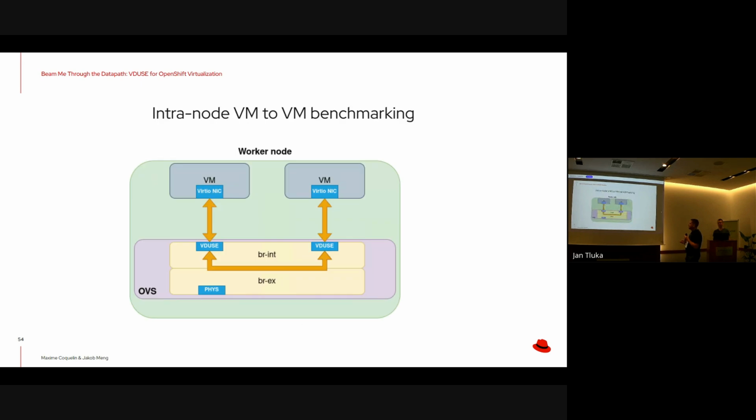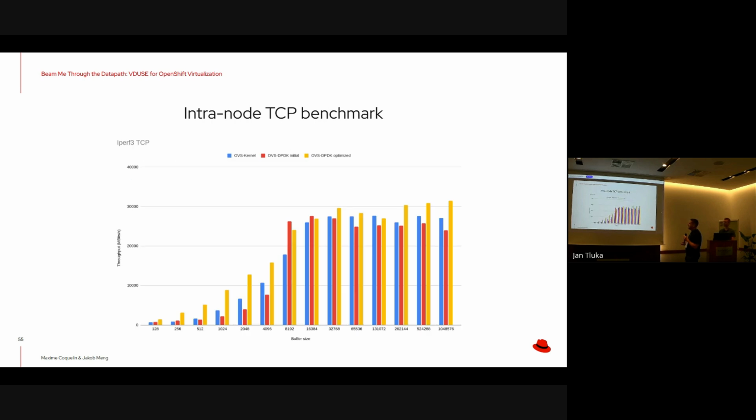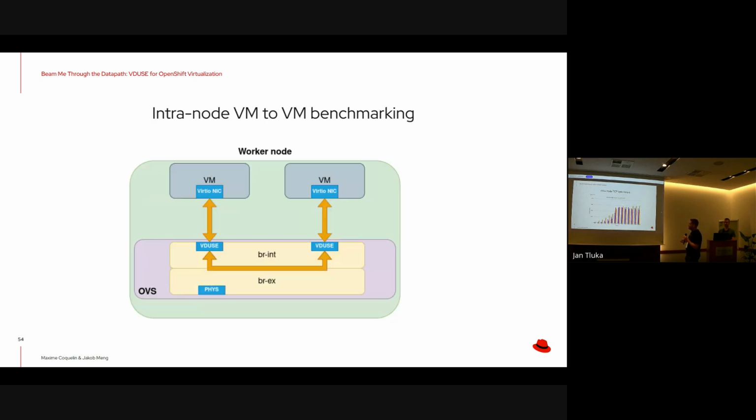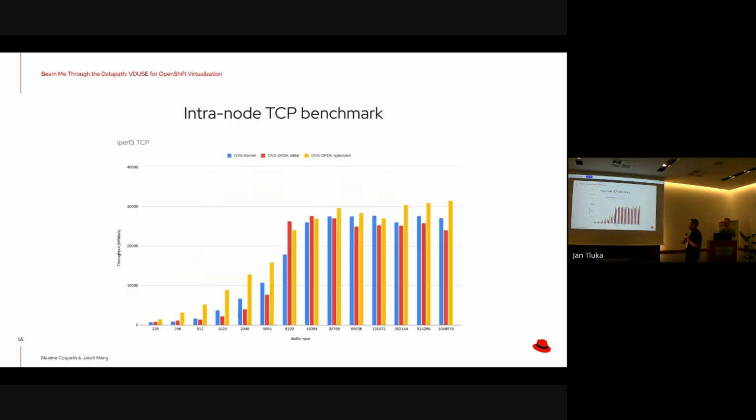We have run the same tests for intranode benchmarks, but we don't have a lot of time, so I will go through them quickly. For the intranode benchmark, it means that we don't have the Geneve tunnel or physical NICs, both VMs are running on the same node.